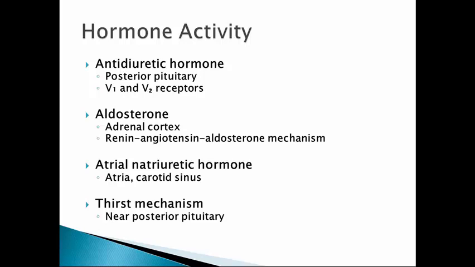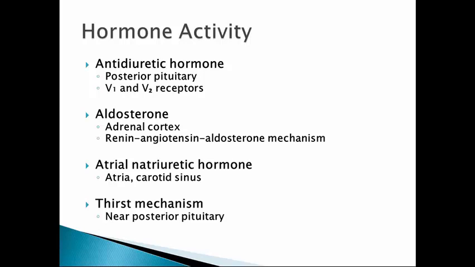When we've been talking about ADH and aldosterone, we've been thinking about volume contraction, needing to increase our vascular volume. With ANP, or atrial natriuretic peptide, these receptors, because they are sensitive to stretch, block ADH and block aldosterone.